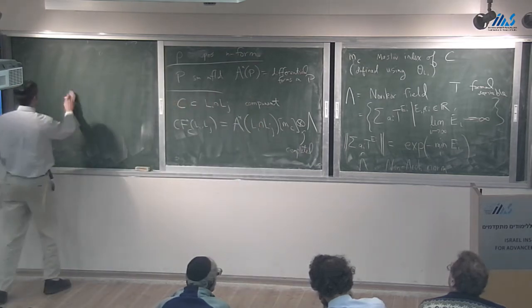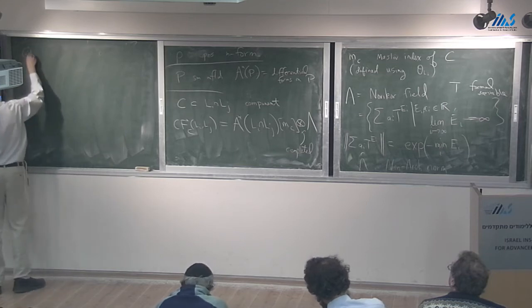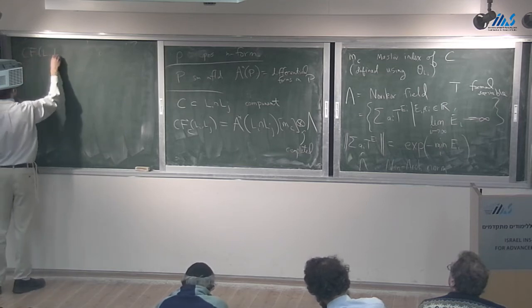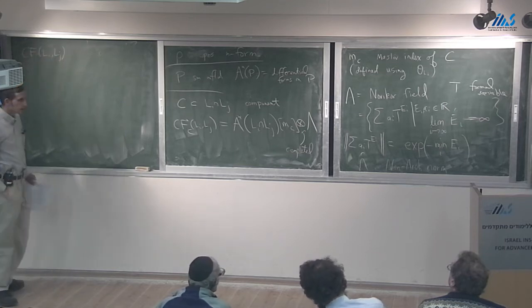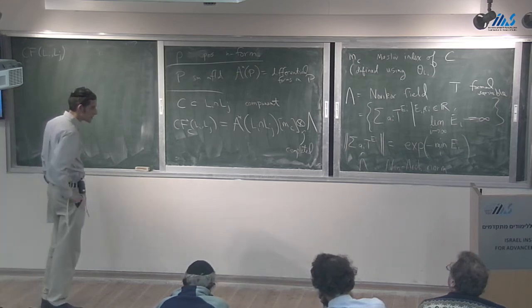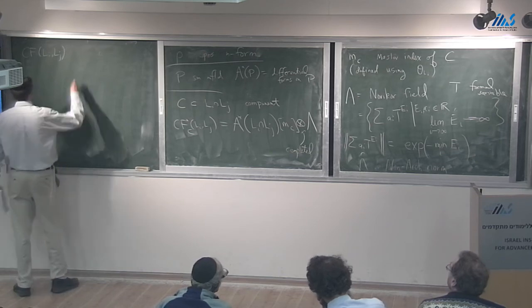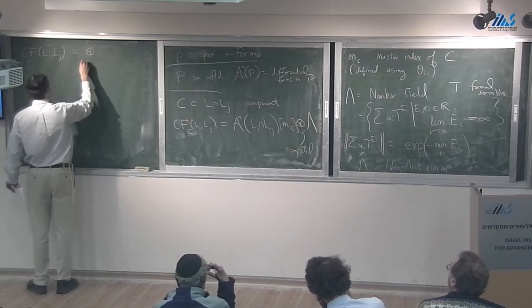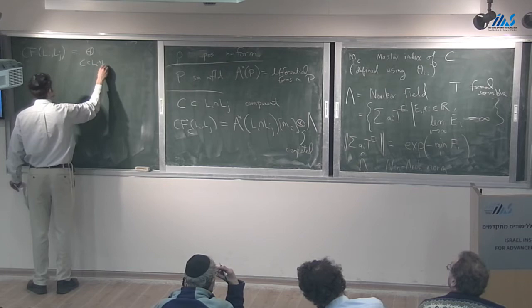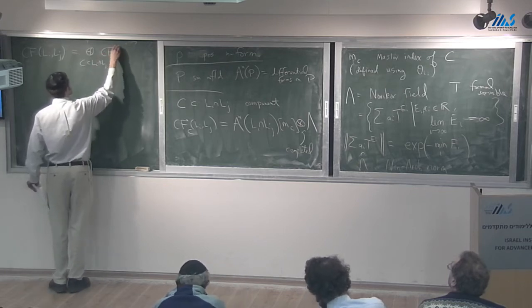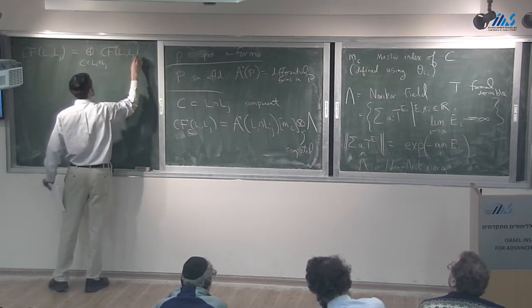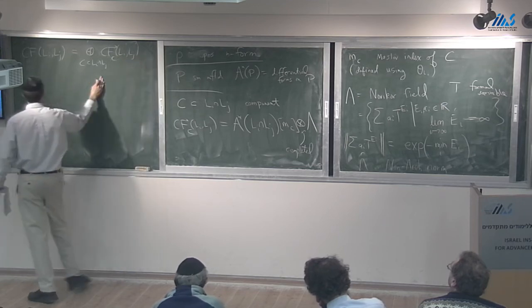Now, in general, we can define Cf Li Lj, and I'm probably out of time already. No, not yet. It is supposed to be equal to the sum over C of Cf C. Okay.